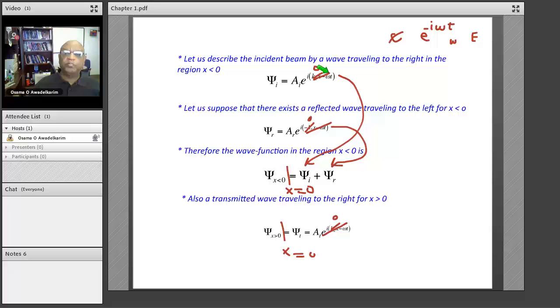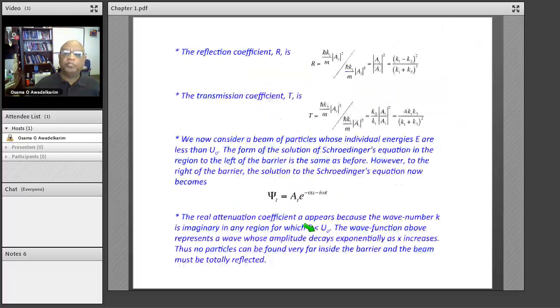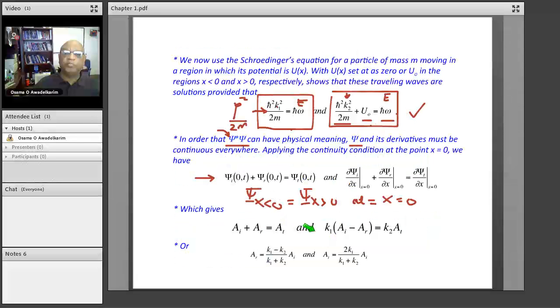And so what you get is A_I plus A_R equals A_T. So that would be the condition. That's exactly what we have here: A_I plus A_R equals A_T. So this comes from this.